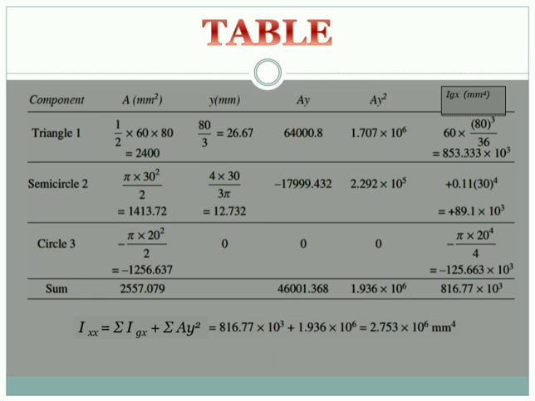Y values have to be negative. So while writing, take that y component of the semicircle with a negative sign, that is y2 will be minus 12.732. Okay, this minus is not because it is a cutout, this minus is because the semicircle is below the x-axis, hence its y component is negative.